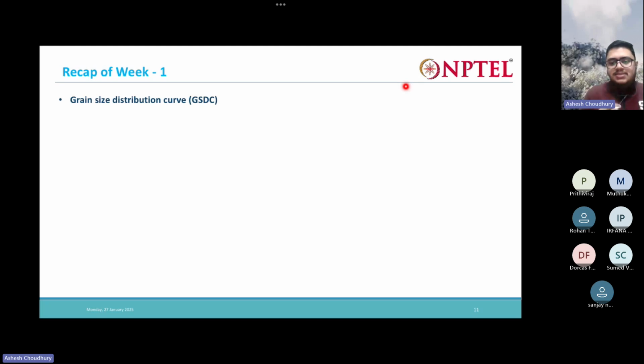What do you have in the x-axis and what do you have in the y-axis in this curve? Curve means obviously you are plotting it somewhere, right? So you will have one x-axis and one y-axis. So what do you have in the x-axis and what do you have in the y-axis? That is the question.